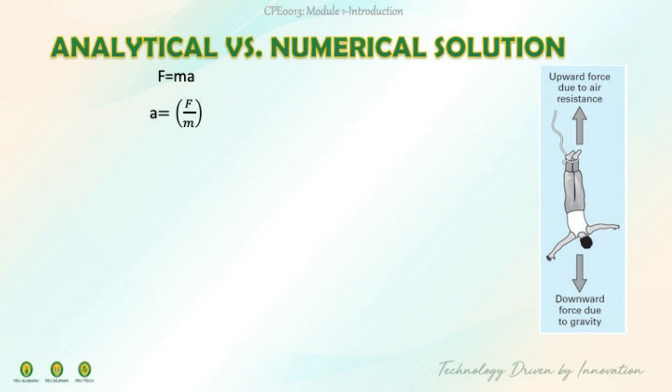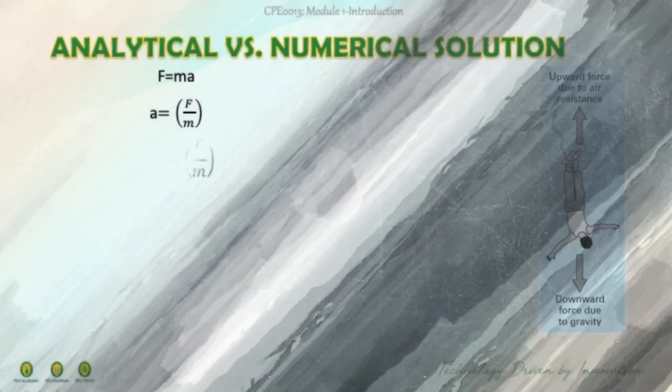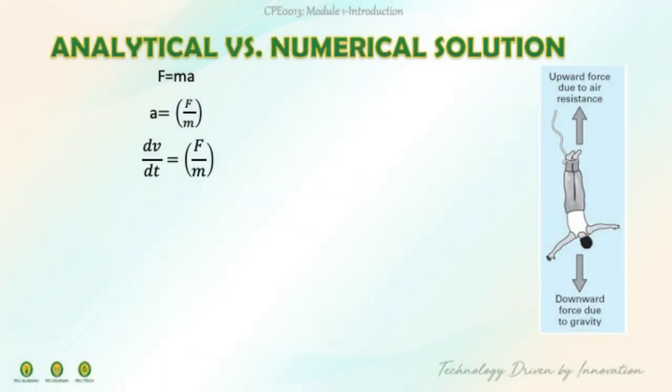For this case, a model can be derived by expressing the acceleration as the time rate of change of the velocity, which is dv/dt, and substituting it for a, so dv/dt is also equal to F over m, where v again is the velocity in meters per second. So the rate of change of the velocity is equal to the net force acting on the body normalized to its mass.